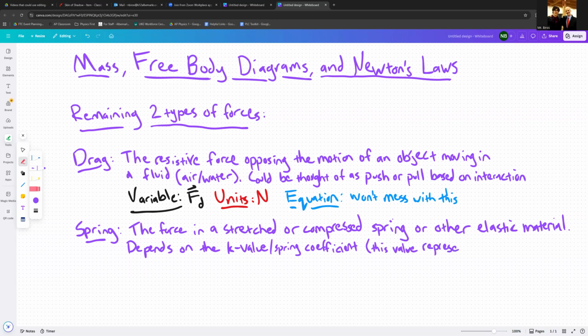So this K value represents the strength of the spring. It represents the strength where larger values mean a stronger spring.